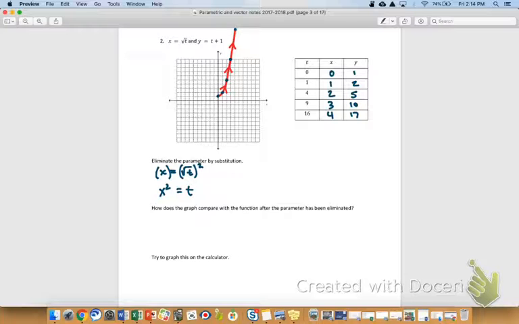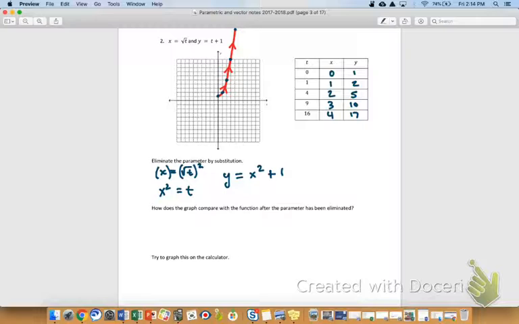And so then y equals x squared plus 1. That should look familiar. Didn't that look sort of like a parabola when you plotted those points? So this x equals root t and y equals t plus 1 is actually the parameterized version of a parabola, with motion.